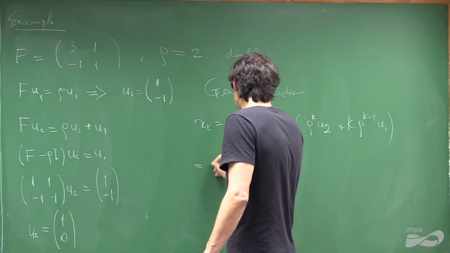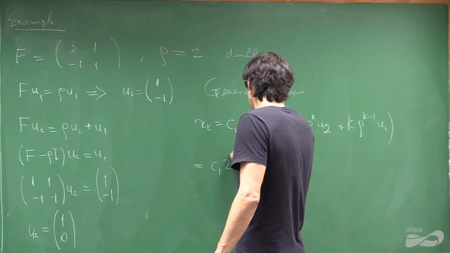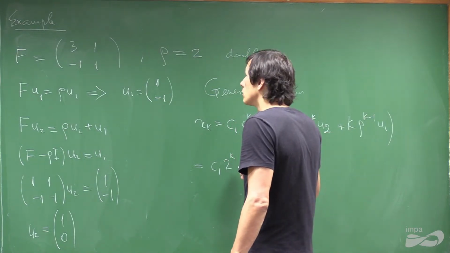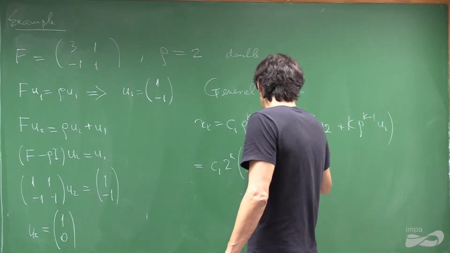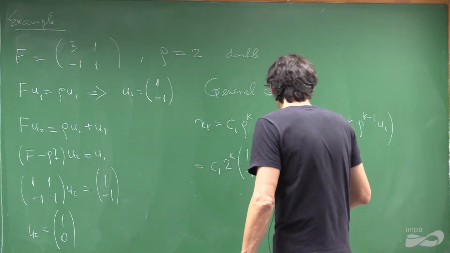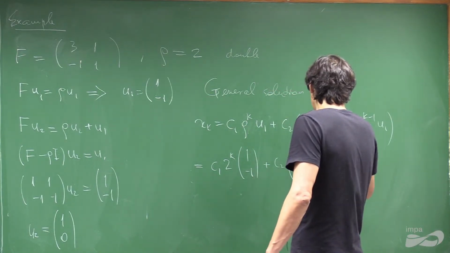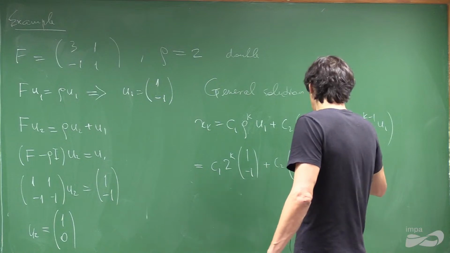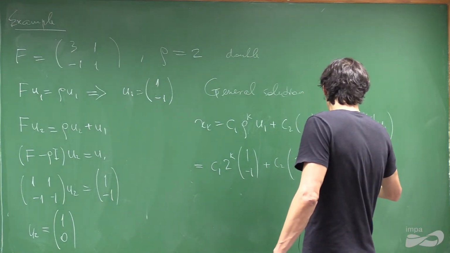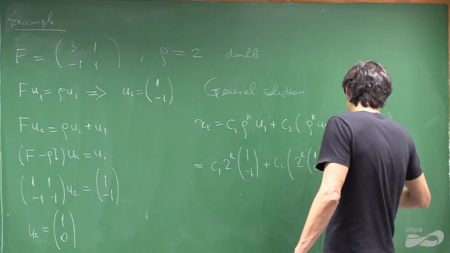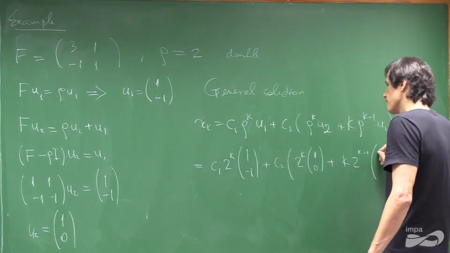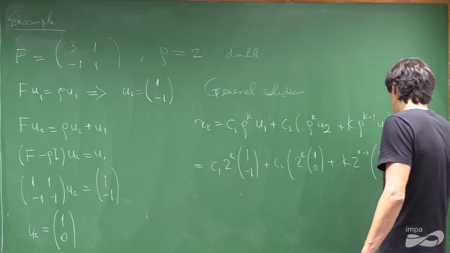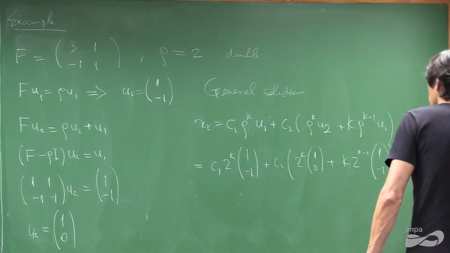So it is C1 2^k (1, minus 1) plus C2 2^k ((1, 0) plus k (1, minus 1)). So that's a general solution.